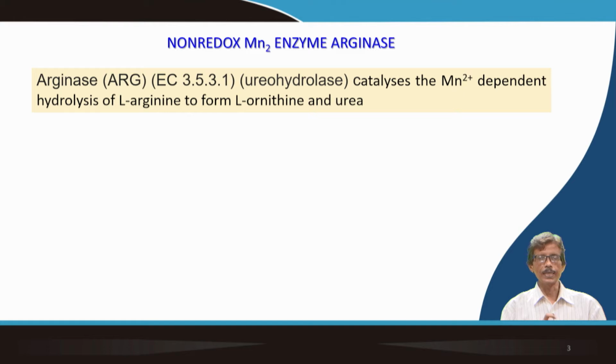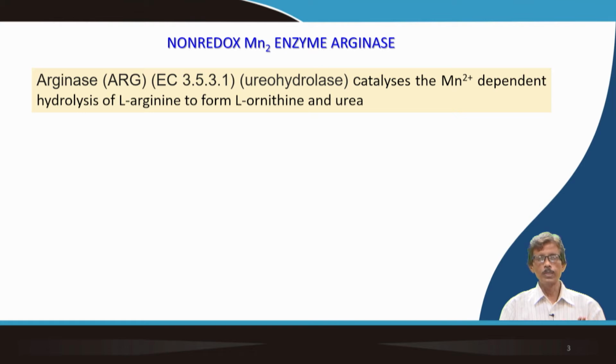So arginase, ARG, is basically a manganese 2 dependent hydrolysis reaction of the substrate L-arginine. How can it be converted if you take out the particular part at the terminal end, from which we can produce the urea molecule, giving rise to the L-ornithine molecule?